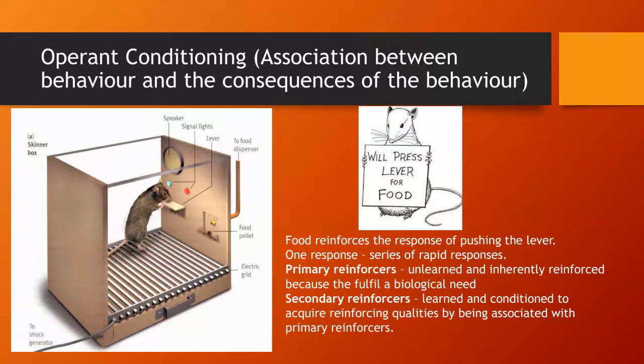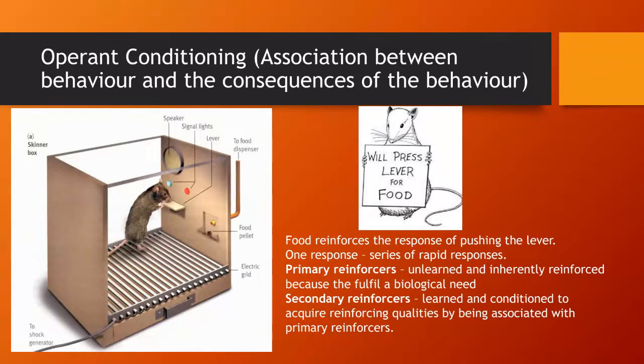So a primary reinforcer is reinforced because it fulfills a biological need, like food in an animal's life. In our lives, if we do something that fulfills a primary need, we would do it. It's almost like it's innate in us to push a lever and get food, especially when we're hungry.